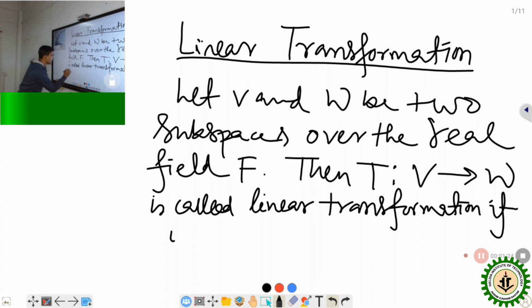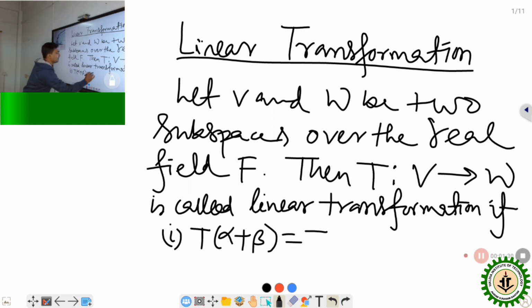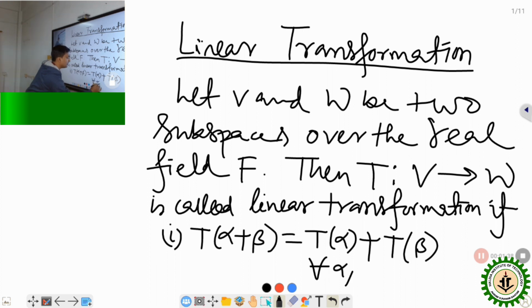Property number 1: T of alpha plus beta equals T alpha plus T beta, for all alpha, beta belonging to the set V.